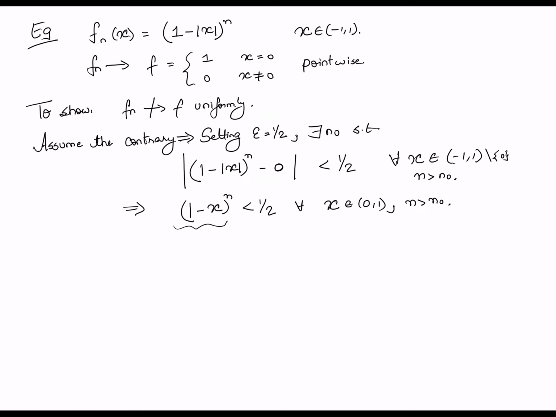No matter what n naught you pick, this condition will be violated as x approaches 0. I'm not going to say that very formally, but I think that's obvious. No matter what n naught you choose, at n naught plus 1, when x is sufficiently close to 0, this condition must be violated. So that gives us the contradiction.